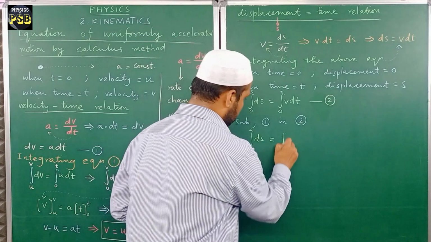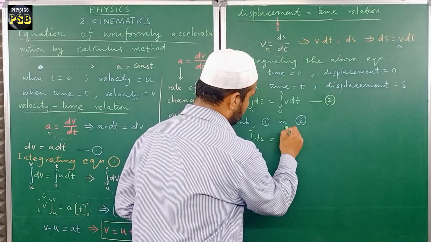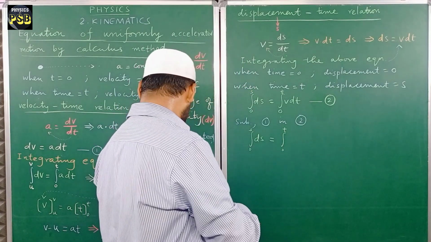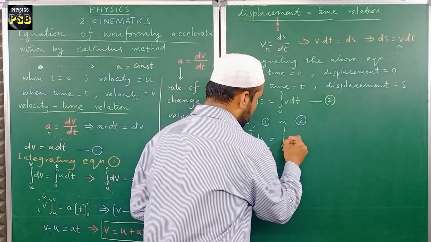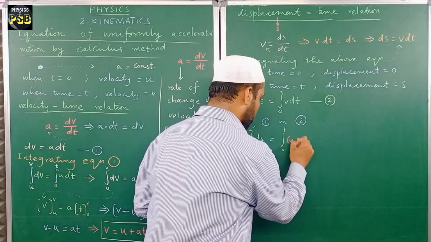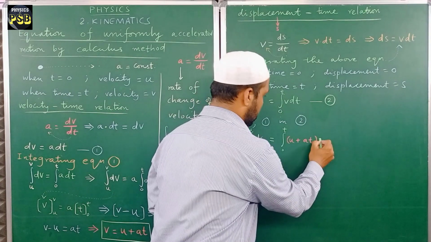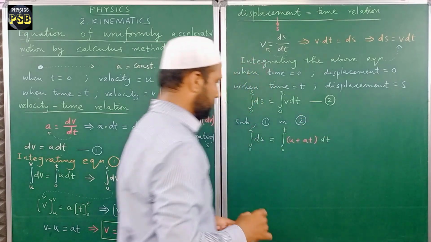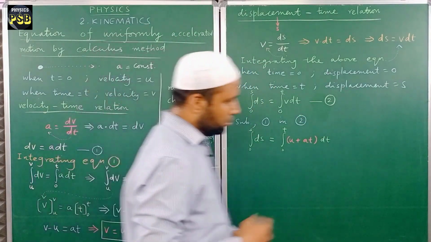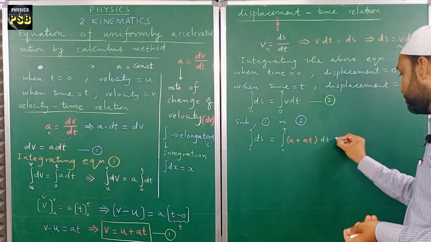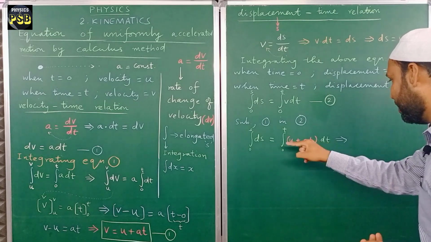Okay, and here integral of v dt. In the place of v, I write its value, that is nothing but u plus at, then dt from here as such. This is what we get. Now the next step, I am going to expand this part.